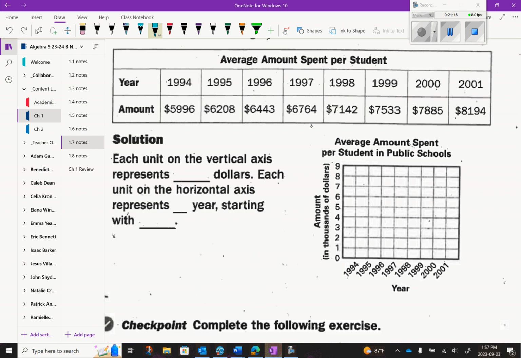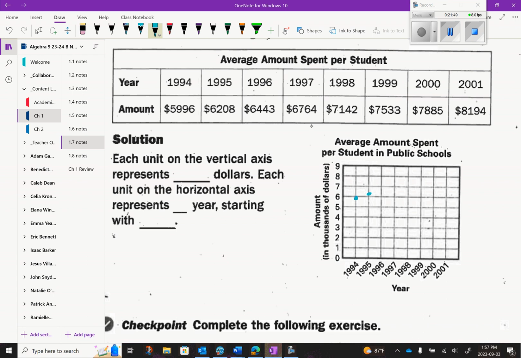So 1994, it's $5,996 per student across the United States. Now, pay attention here, it says measured in thousands of dollars. So that's just a little bit short of $6,000 per student. So I'm going to put a point there. 1995, it went up to 6,208. You're going to have to estimate this.